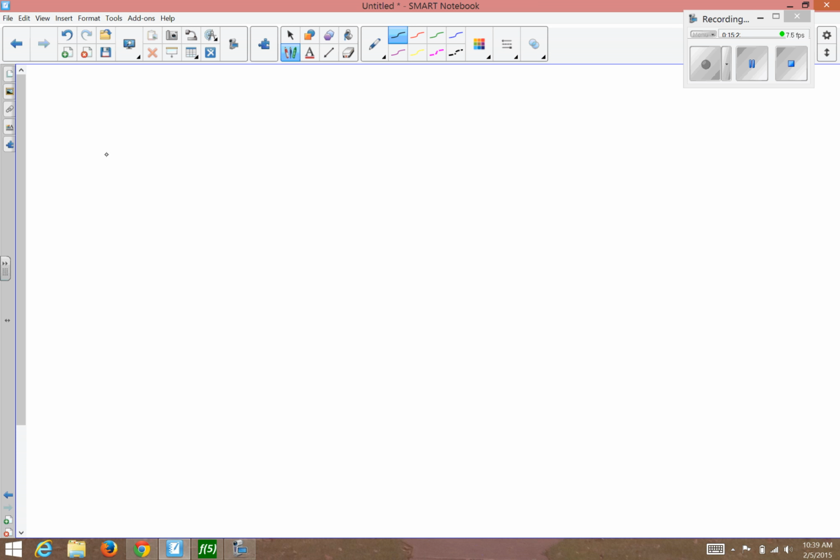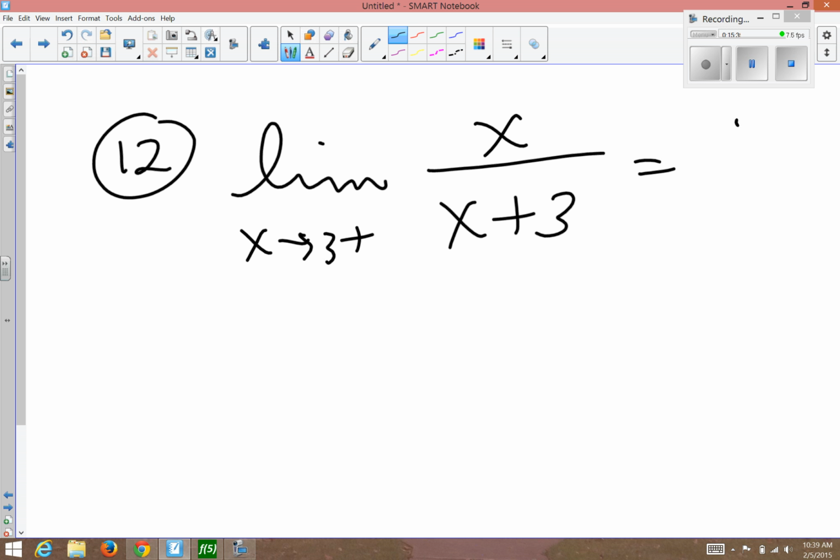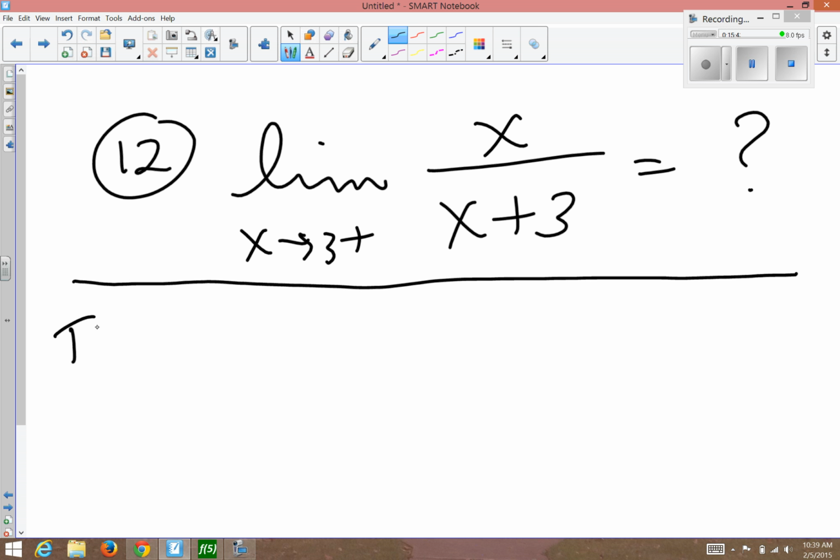So I'd like you to try number 12, which says find the limit of x over x plus 3 as x approaches 3 on the right. And I'd also like you to try this.